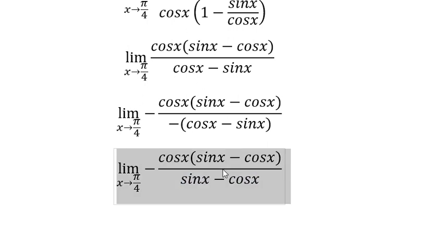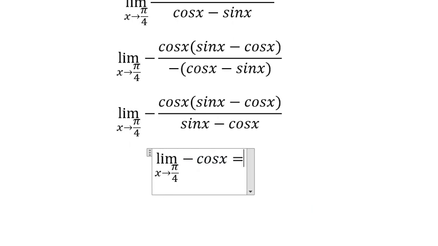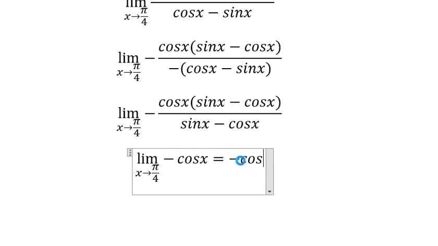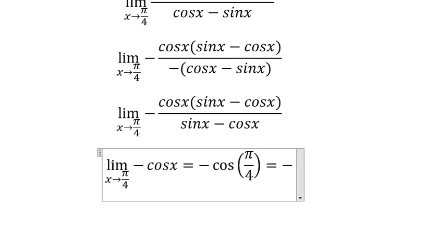We need to simplify on the numerator and denominator. And now I will put pi over 4 here. And this one you get negative square root of number 2 over 2.